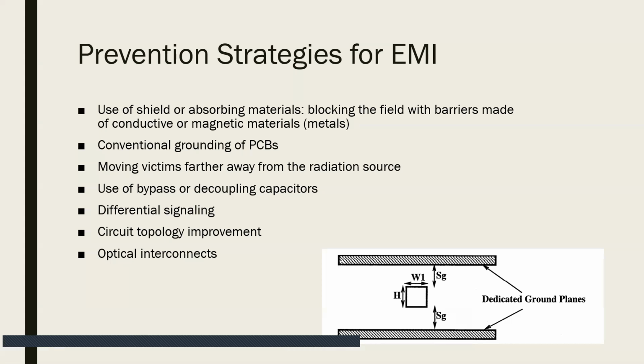The third way is by moving victims further away from the radiation source, the attacker. The fourth way is to use bypass or decoupling capacitors whenever possible for those active devices, and then decouple with the supply. The fifth way is by using differential signaling, and it's great to reduce the differential mode noise.